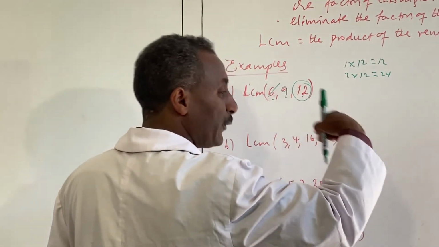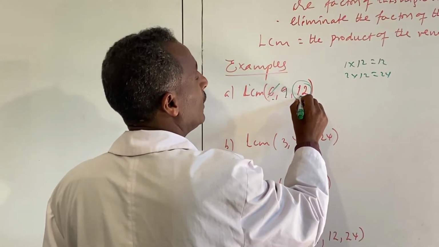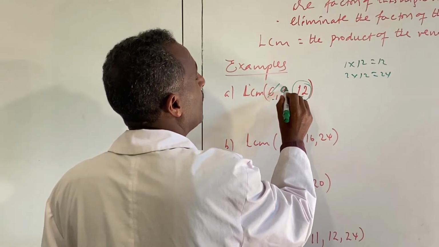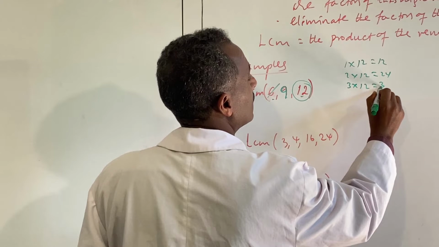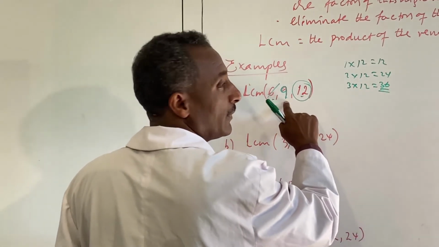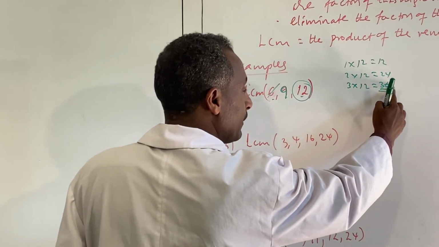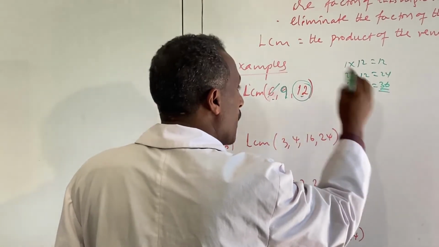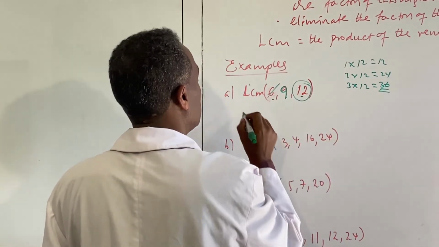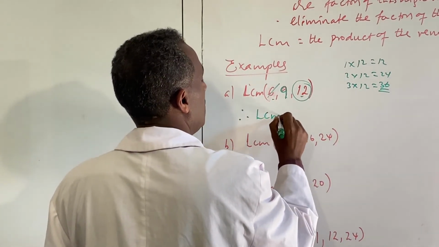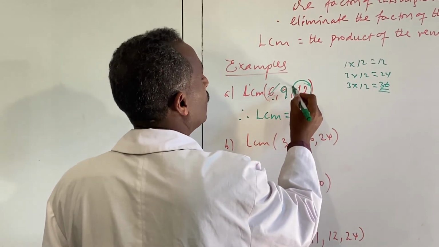Then we still go on through the multiples of the highest number until we get a multiple of 9. So 3 times 12 is 36. 36 is a multiple of 9. So this is the first number which is a common multiple of 12 and 9 and also of 6. Therefore LCM is equal to 36, the first multiple of the highest number that is a multiple of the remaining number 9.